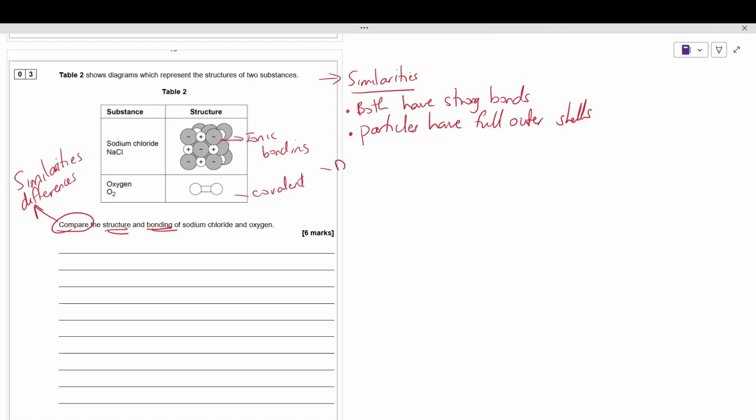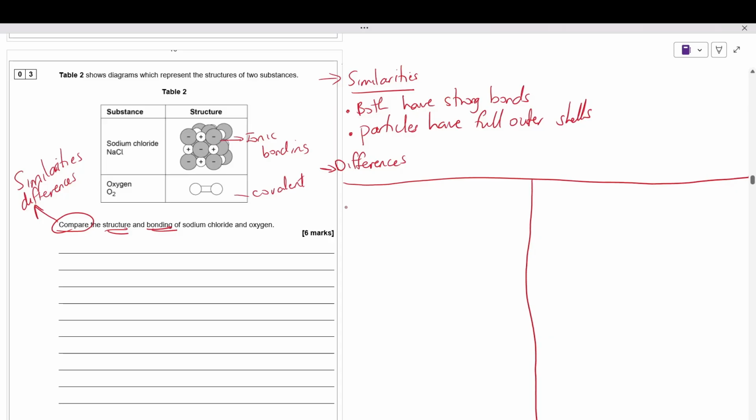Now let's look at our differences. For differences, in a compare question such as this, I usually do this in a table format because it helps me to track the information to ensure that I have it all. So I'm going to do this in a table. Let me just quickly draw my table up. This side is going to be for my sodium chloride, and this side for my oxygen. I'm going to start comparing them.